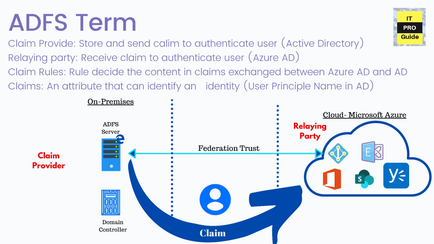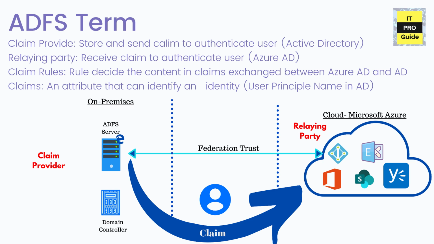The relying party here is Azure AD, which is going to accept these claims to authenticate to the application. A claim is what is actually exchanged between a claim provider and a relying party. So you have claim rules so that you can decide what you want to share between a claim provider and a relying party.